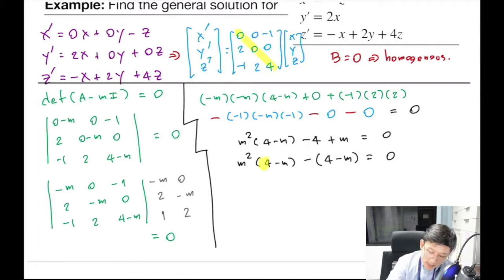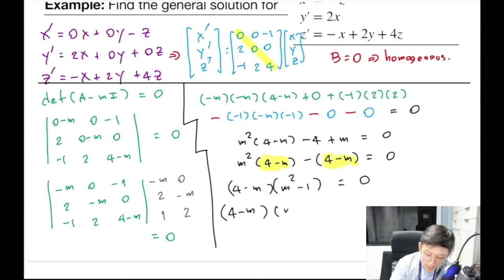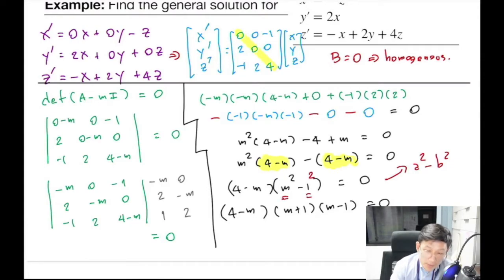After that, I pull this 4 minus m out, so I get 4 minus m times m squared minus 1 equals 0, which means that 4 minus m, m plus 1, m minus 1 equal 0. Right here, we use a squared minus b squared, which is a plus b times a minus b.